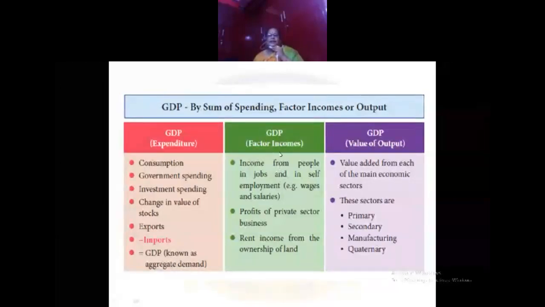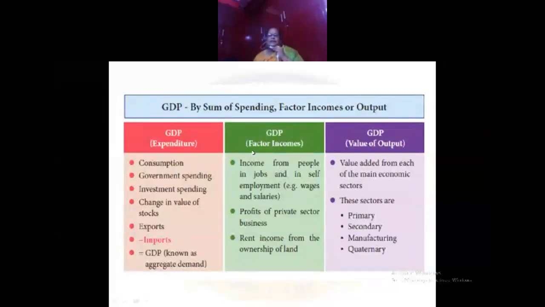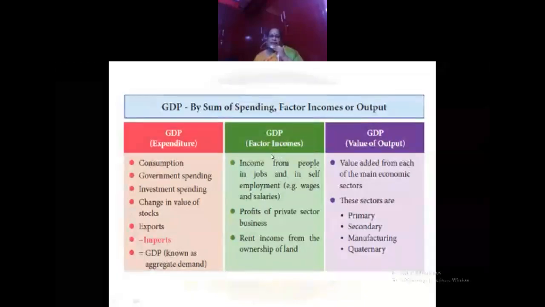Second one, GDP at factor income, that is income method. In this, income from the people in jobs and in self-employment, that is wages and salaries. Second point, profits of the private sector business. And third point, rent from income from the ownership of land.